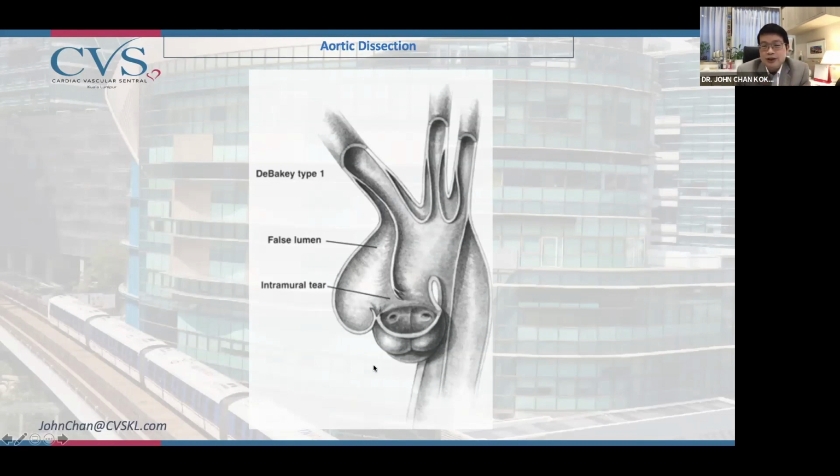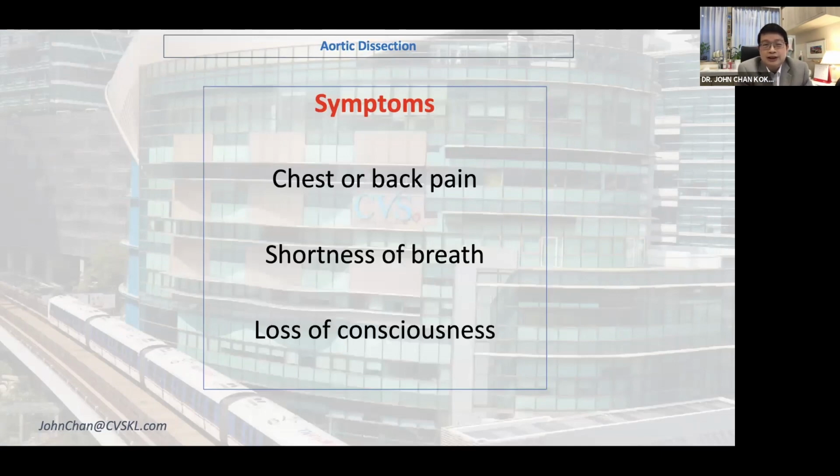A third thing which can occur is that this is the aortic valve here. It can become incompetent. It can start leaking acutely, and the patient can then go into acute heart failure. So the symptoms of this condition are chest or back pain, shortness of breath, or a loss of consciousness. If the aortic dissection involves the arteries to the brain, then that can cause a loss of consciousness.